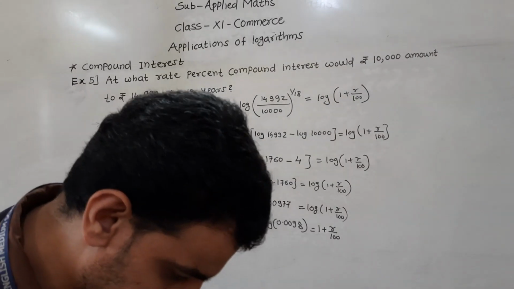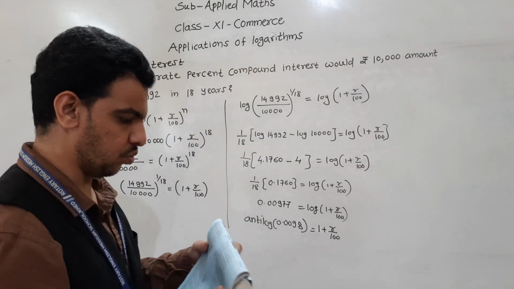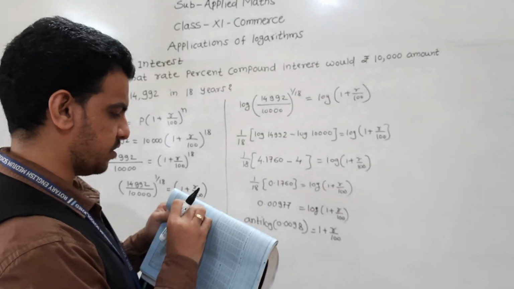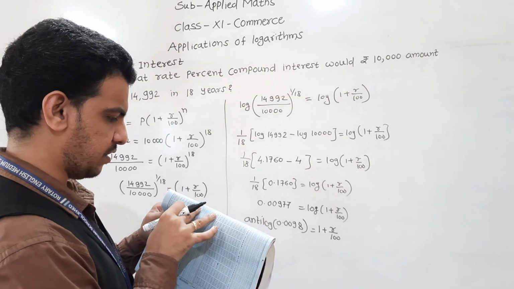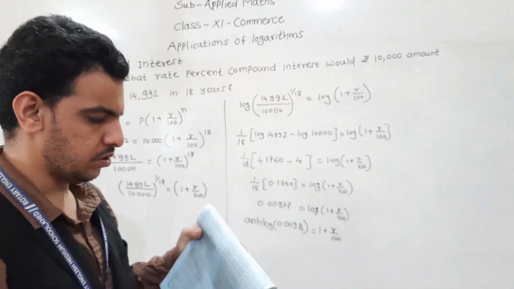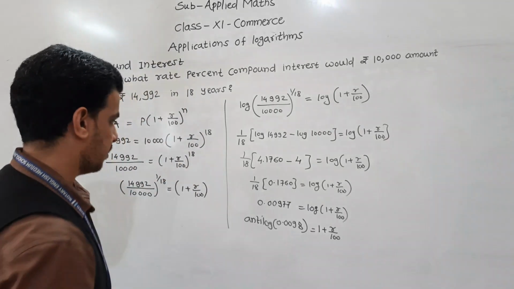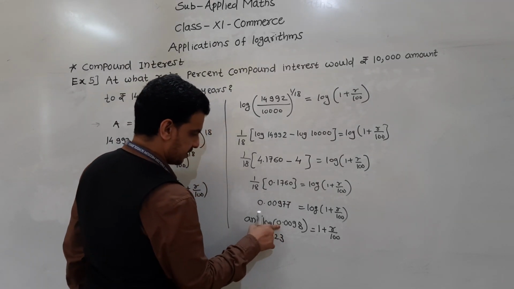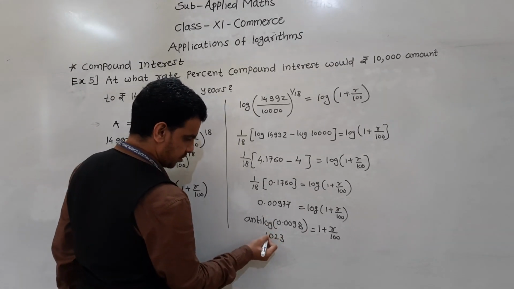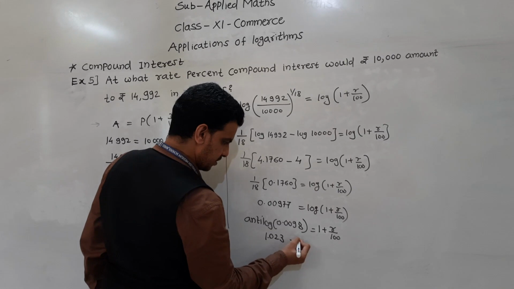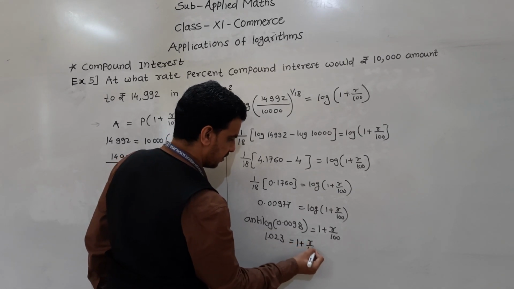So in 0.00 row and in column 9, it is 1021, and in the mean differences column it is 2. So 1023. The characteristic is 0. Add 1, so 0 plus 1 is 1. So 1.023 is equal to 1 plus r by 100.